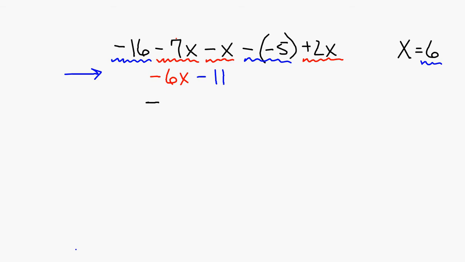So you've got negative 6 times 6 minus 11. Negative 6 times 6 is negative 36, minus 11. You got negative 36 minus 11? Negative 47, yeah, negative 47.